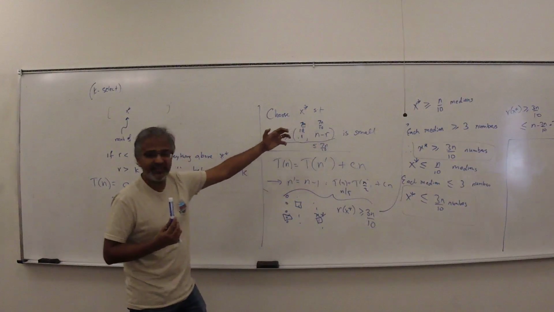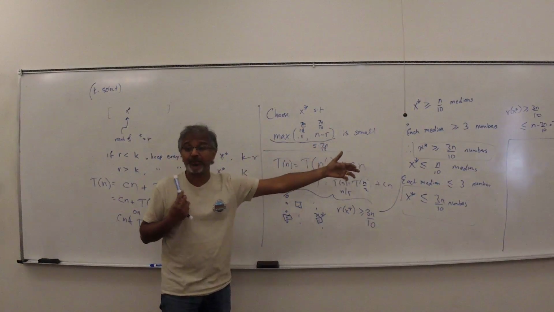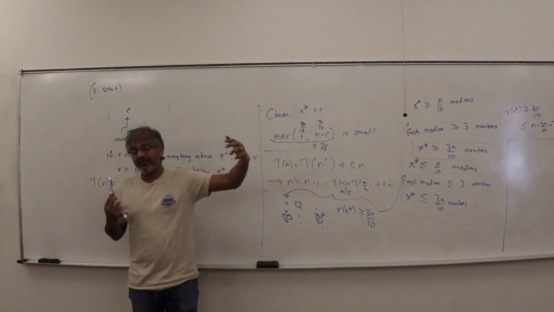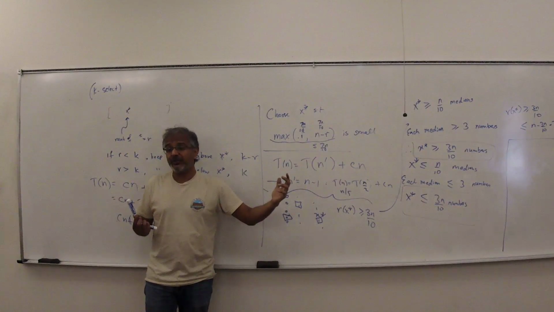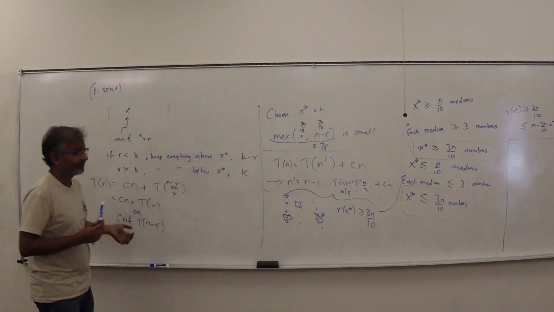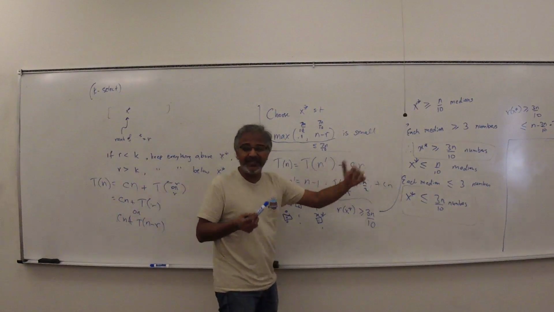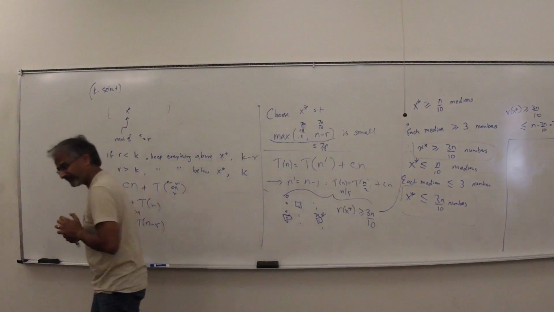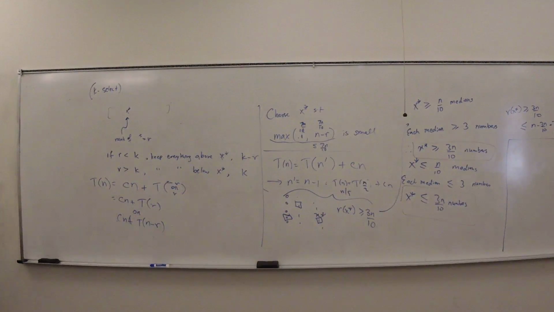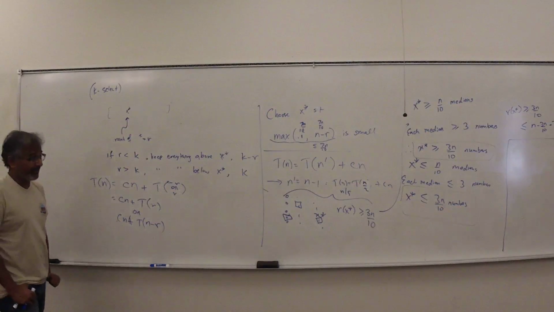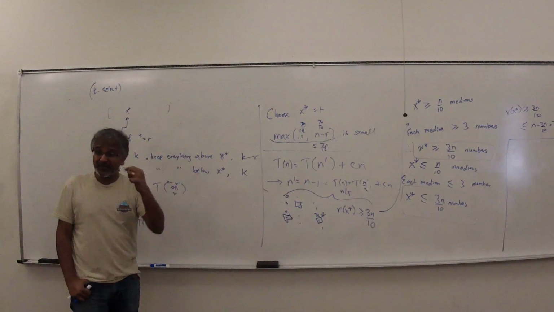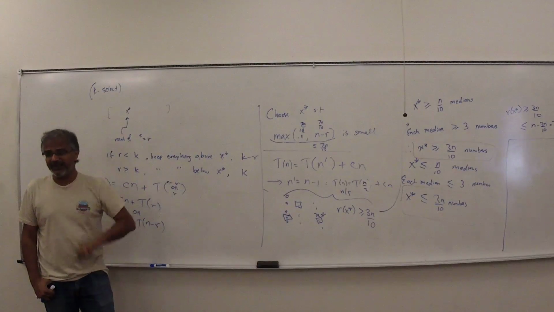We now have the ability to say we are throwing away a 30% fraction of our input, no matter which way we go. And the cleverness is this idea that taking the median of medians has this nice property. Another way to interpret what I just said is that the value x star I picked is an approximate median.